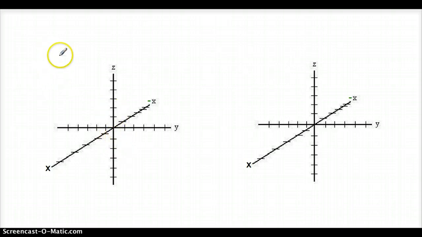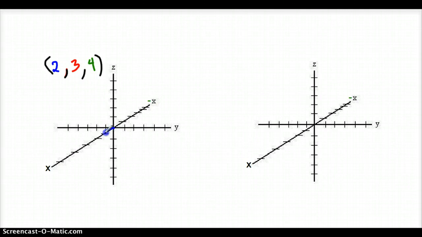I can't remember the equation. Let's just say it was the point 2, 3.